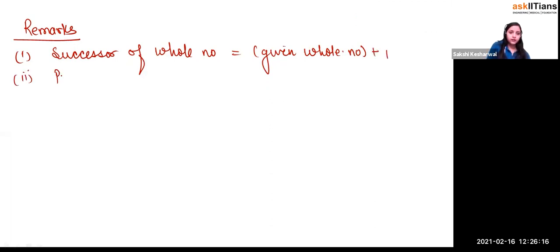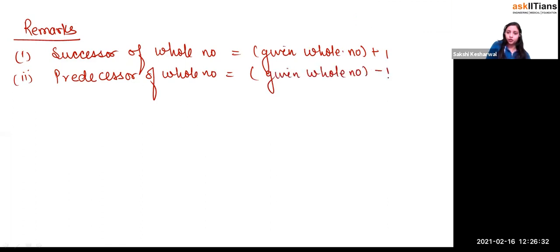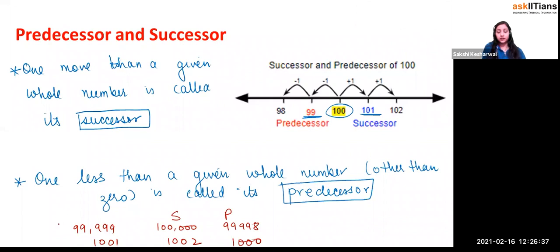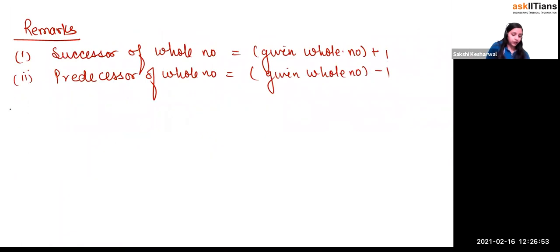Second, the predecessor of a whole number is equal to the given whole number minus 1, right? So if you add 1 to 99,999, you get 1 lakh. If you subtract 1, you get 99,998. Similarly, in 1001, if you add 1, you get 1002. If you subtract 1, you get 1000, right?